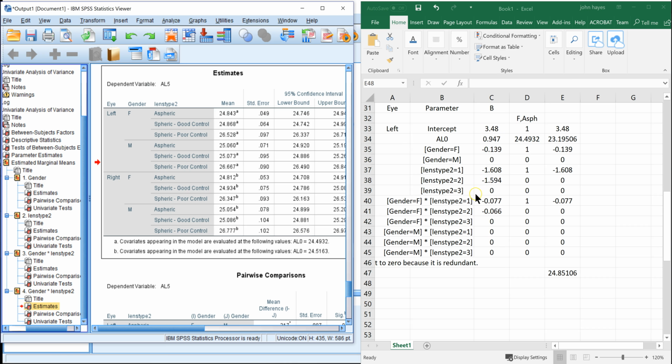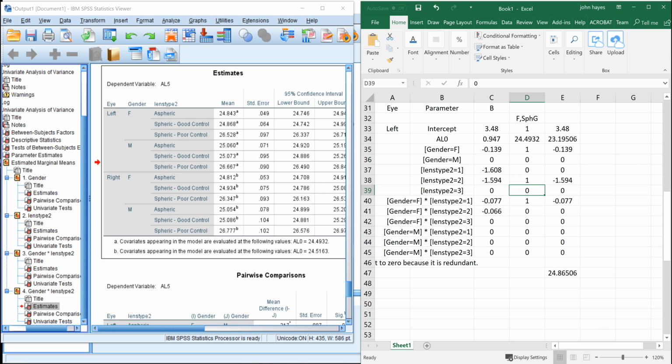So that's pretty close. Just to confirm this, let's look at the aspheric female who is spherical good. So again, the intercept is 1. It's the same mean for baseline. The gender is female. The male is 0. Now lens type 1 is 0 in this case. And lens type 2, which is spherical good, is a 1.